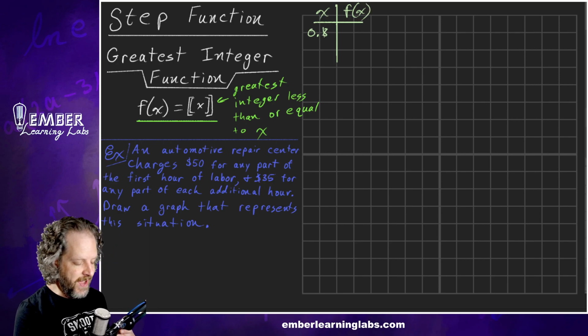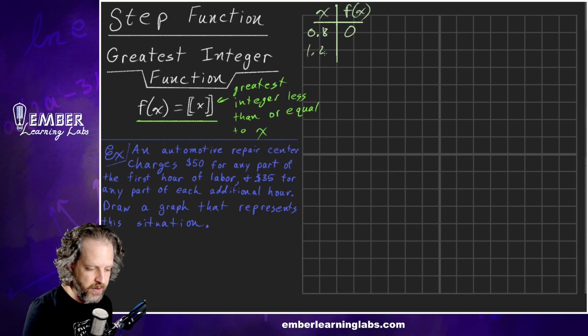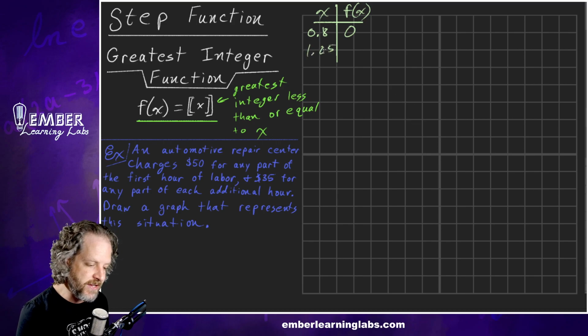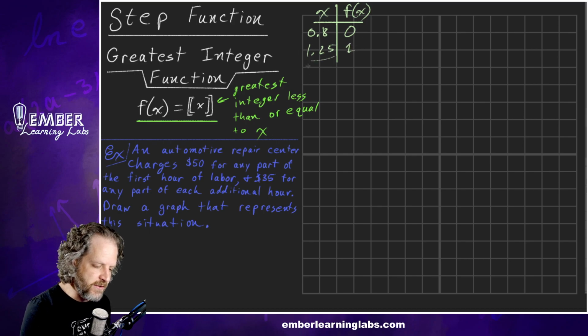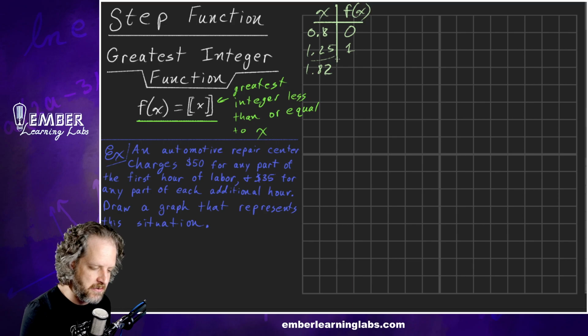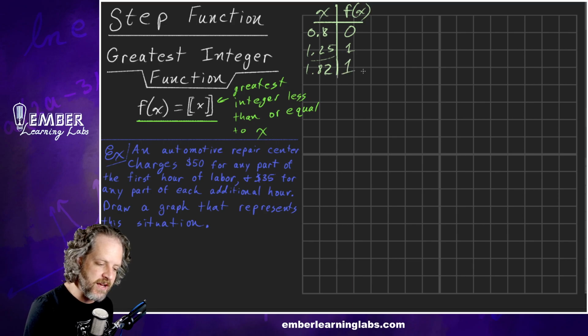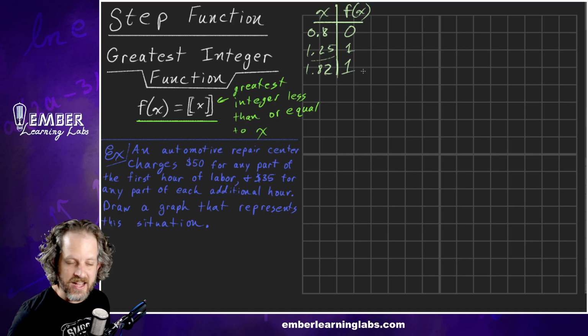So if x is 0.8, f of 0.8 is going to be the biggest integer that's less than or equal to that, so 0. If I plug in 1.25, the greatest integer that's less than or equal to this number would be 1. And if I put 1.87 or 1.82, that still gives us a 1. You see? That's what it does.